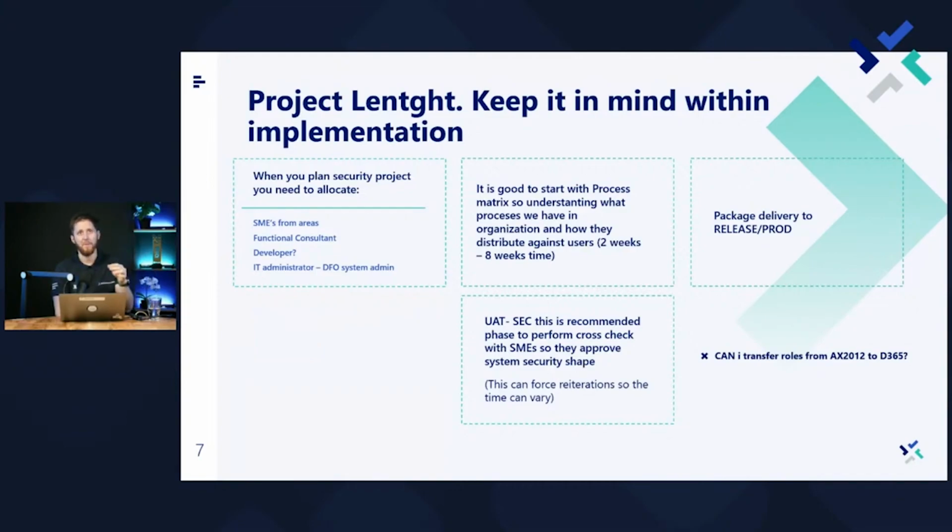If you have that, you are far, far ahead of the others. If you don't, you will need to create workshops with SMEs to unpack processes and build on them more duties.